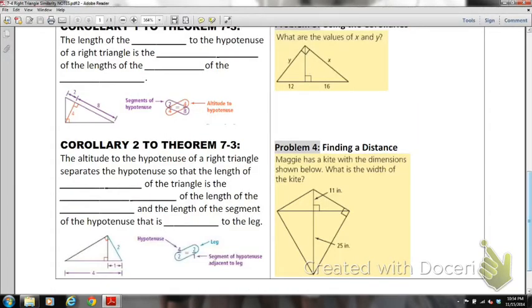So if you look at the diagram just below this, the altitude is in red and the length of it is 4. So the 4 goes in the means positions of your proportion.